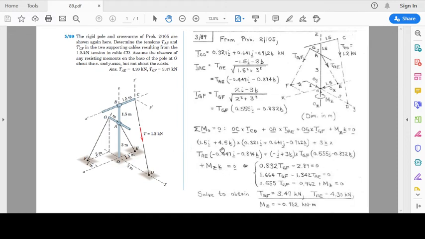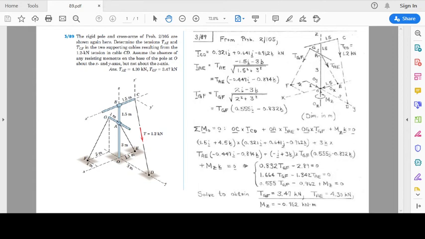The result is going to be the same. So instead of OC, we can use OD, which is equal to 3J, directed from O to D. So we take the cross product 3J cross this. Both are going to yield the same result.